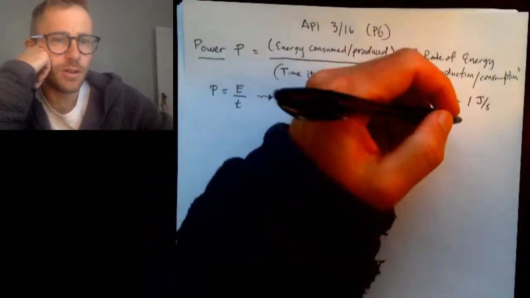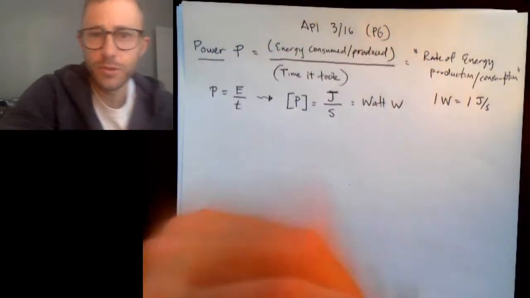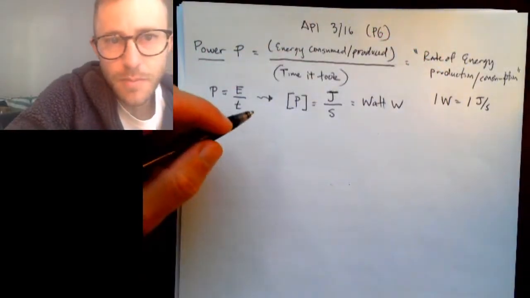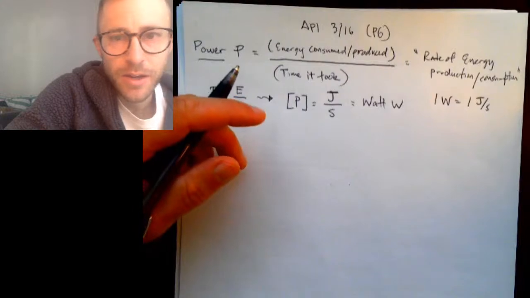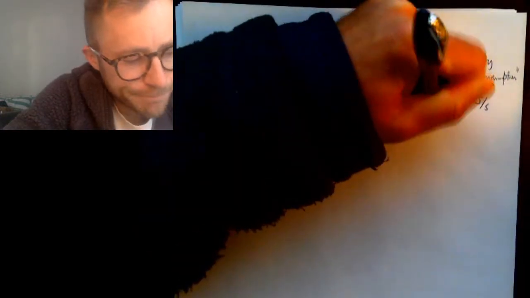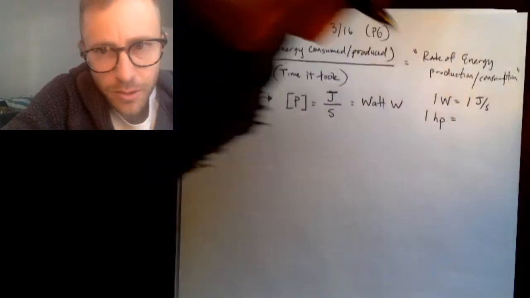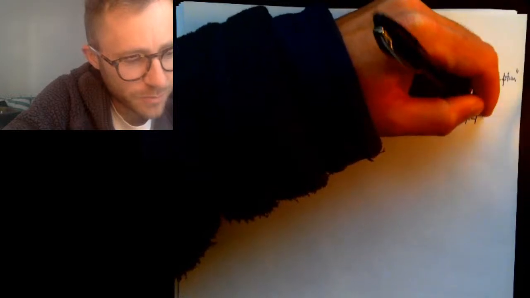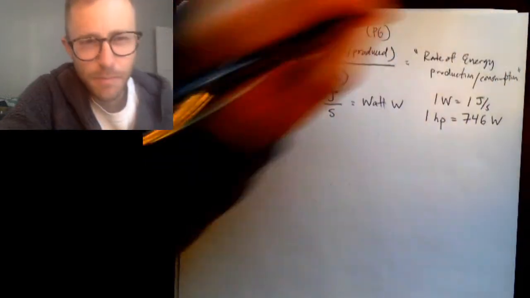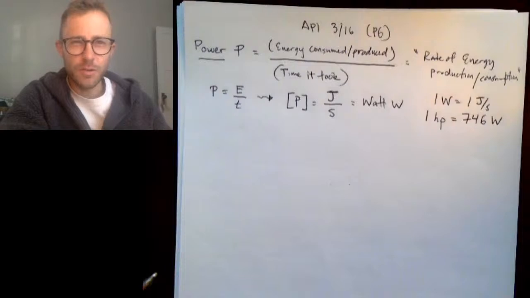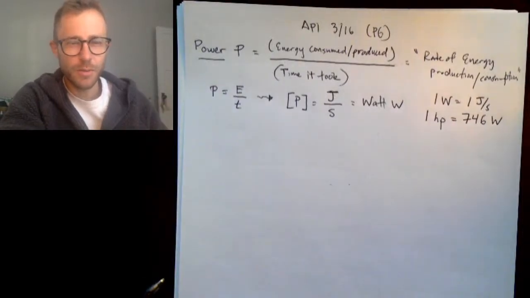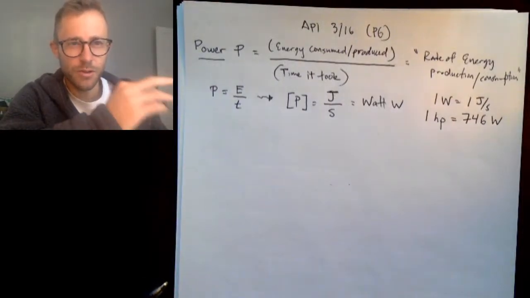Another common unit of power output that you will see in any type of engine application is the horsepower. And 1 horsepower is, don't quote me on this, like 746 watts, I want to say. It's 740-something. I can't remember if it's 742 or 746.